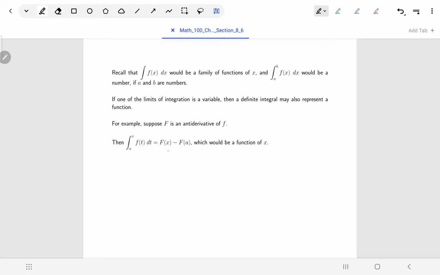So we would have capital F of x minus capital F of a. Since a is a number, capital F of a should be a number, but if x is a variable, not a number, then capital F of x would be some sort of function. So it's possible, if we're talking about a definite integral, that it may not necessarily be something numerical.